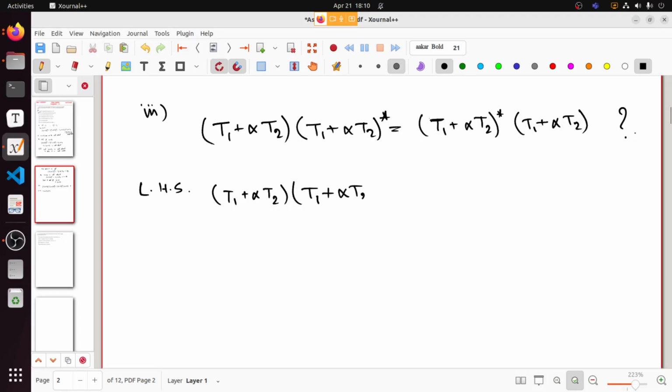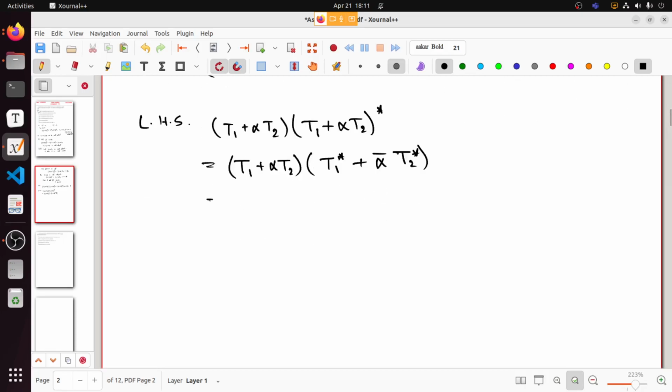The conjugate of this will be T1 star plus alpha bar T2 star, and they are self-adjoint operators. So T1 plus alpha T2 times T1 plus alpha bar T2, as T1 and T2 are self-adjoint.